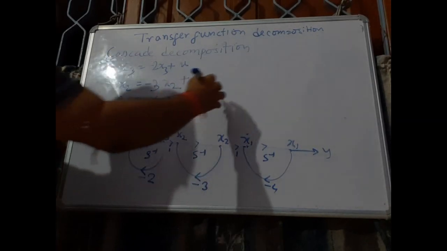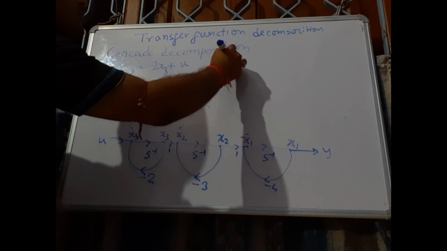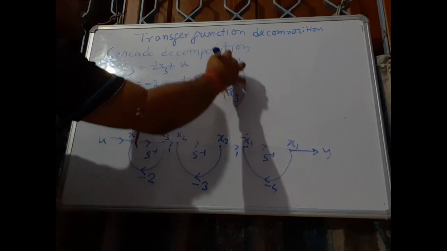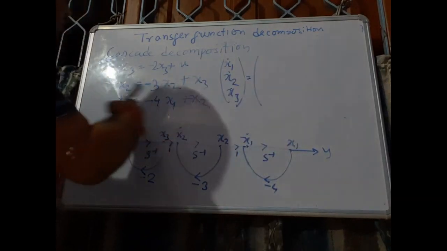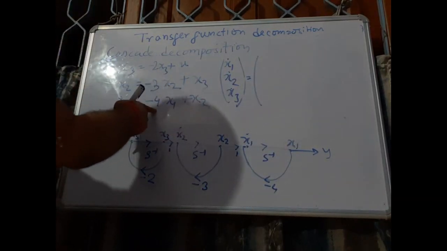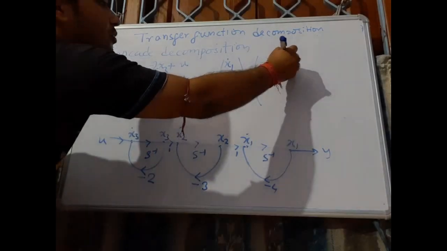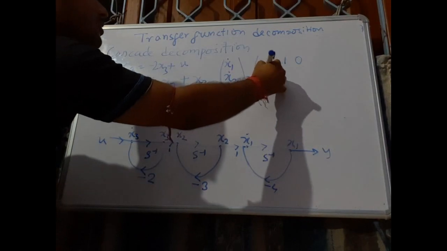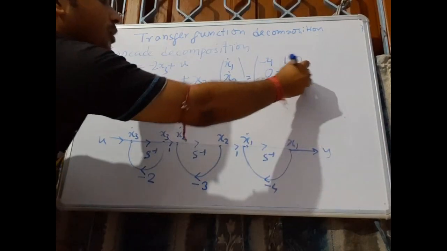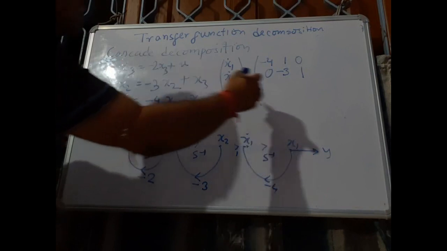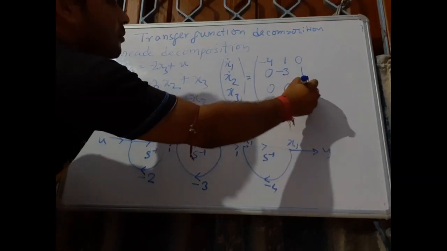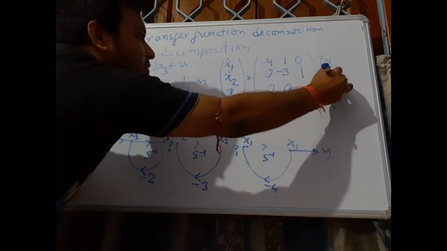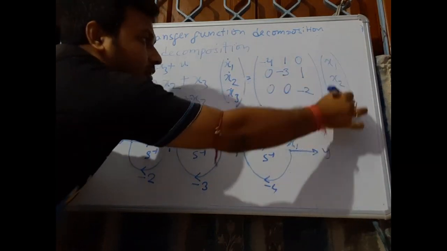Now these three equations can be written in matrix form: x1 dot, x2 dot, x3 dot is equal to, here minus 4 1 0, in this row 0 minus 3 1, and in this row 0 0 minus 2, times x1 x2 x3.